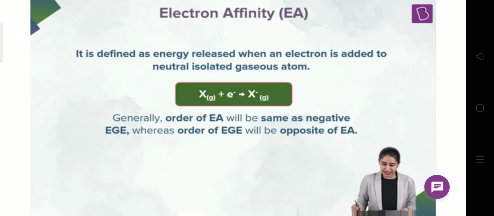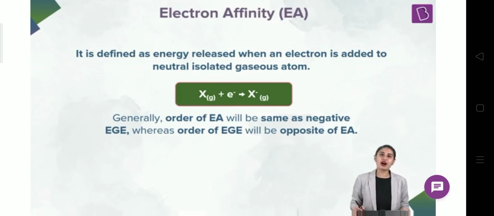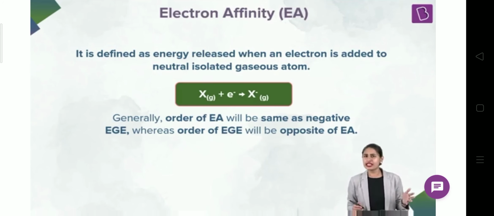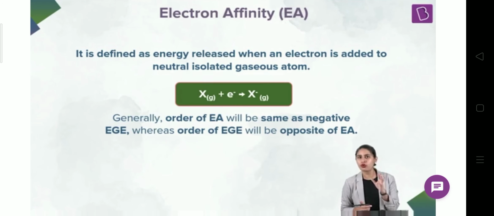So remember that. Electron affinity now is something that I can easily introduce along with what we have just talked about, electron gain enthalpy, because electron affinity is very similar to negative electron gain enthalpy. Roughly we can say that if you take the magnitude of the negative electron gain enthalpy, we get electron affinity. That means the scale for electron affinity will start with 0 only. There is no negative scale out here.